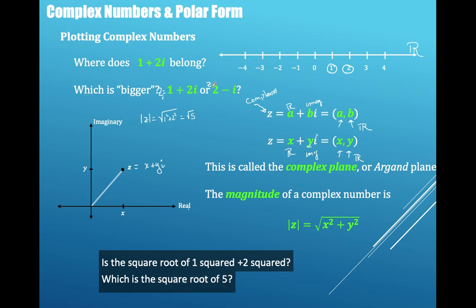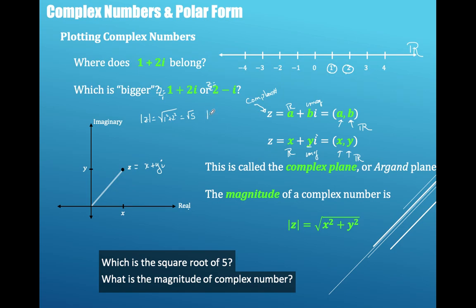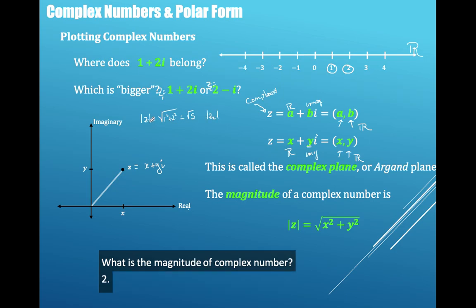What is the magnitude of complex number 2? Sure, it's negative 1 squared, but aren't they the same size?